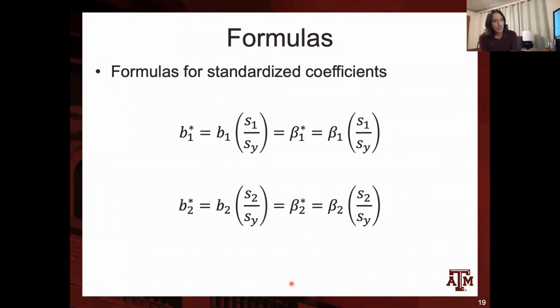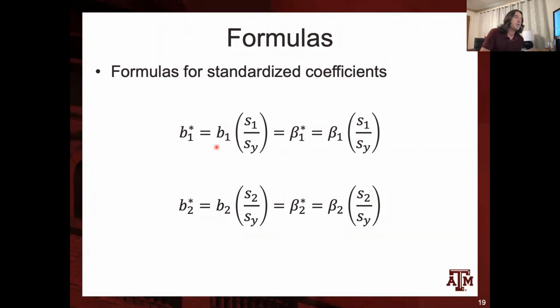How do we calculate it? This is the formula. You just take the original coefficient for each one of the variables, the coefficient for x1 and the coefficient for x2, times the standard deviation of x1 divided by the standard deviation of y. Same thing for x2: the standard deviation of x2 divided by the standard deviation of y.